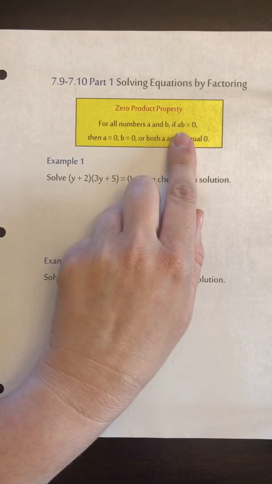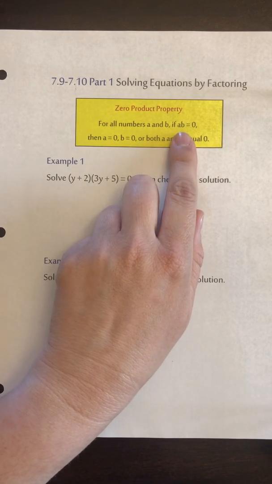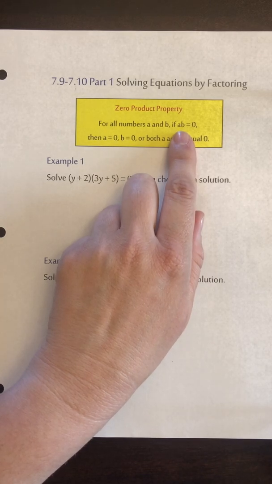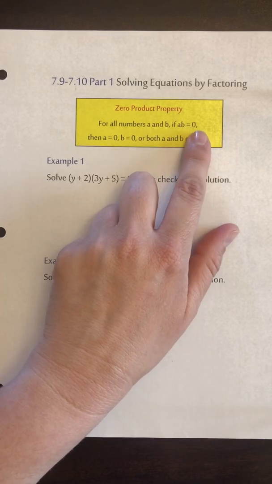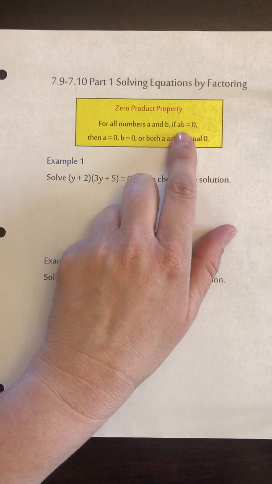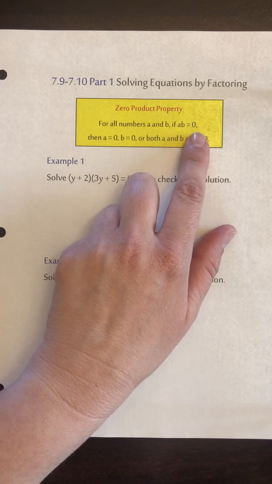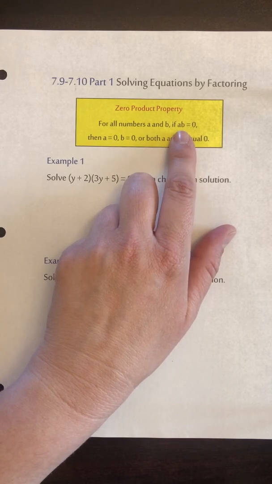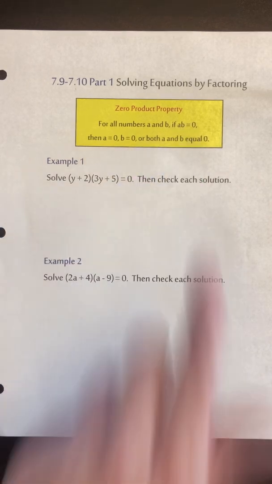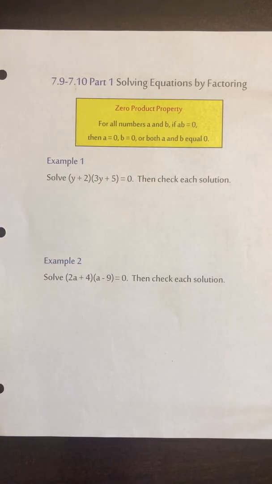If you're multiplying 2 numbers, 2 values, and your answer is 0, then it would make sense that at least one of these had to be 0. Because how else do you get a product of 0? You have to multiply by a 0 to get a final product of 0. So this just says if your equation equals 0, then one or both of your factors have to equal 0. That's all the zero product property states.